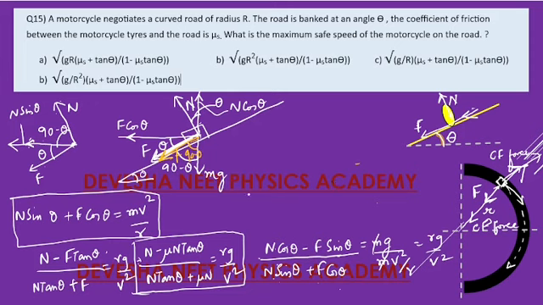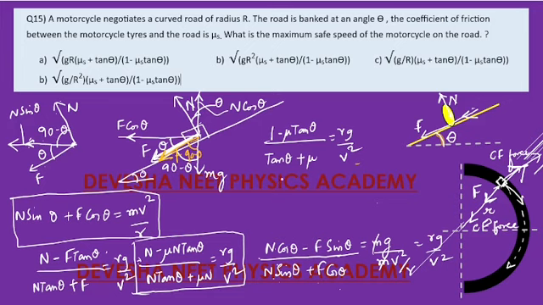Okay, so we will divide both numerator and denominator by n. So we have here (1 minus mu tan theta) upon (tan theta plus mu) is equal to rg by v square.